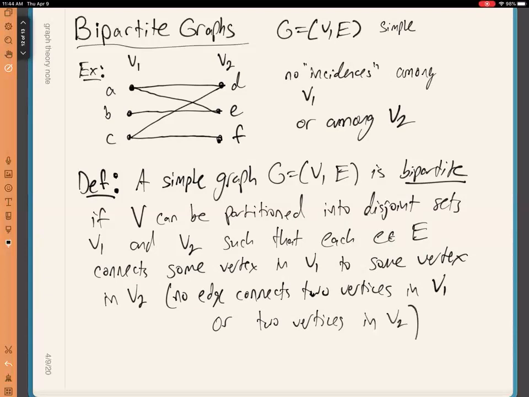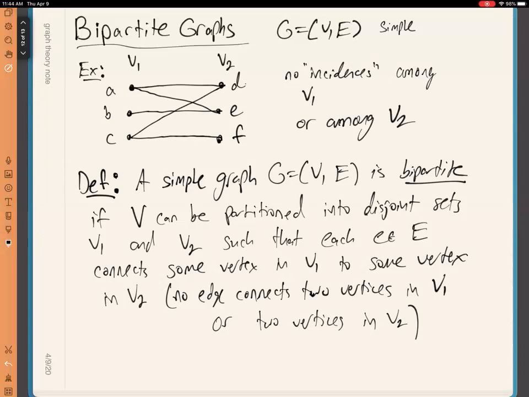Right, and so with this definition in mind, the example on the top of the page is an example of a bipartite graph. And again, notice that all the edges are connecting something from V1 to something in V2, and there's no edges that connect the vertices in V1 to themselves, or any edge that connects some vertex in V2 to another vertex in V2. Right. So this is the basic definition of what a bipartite graph is.